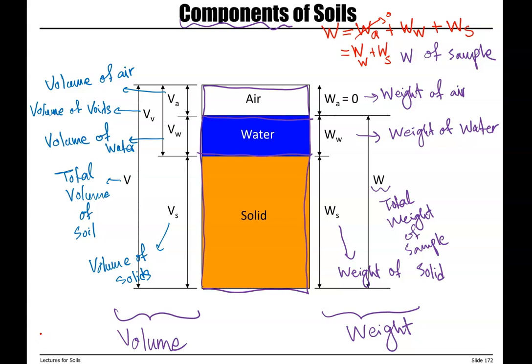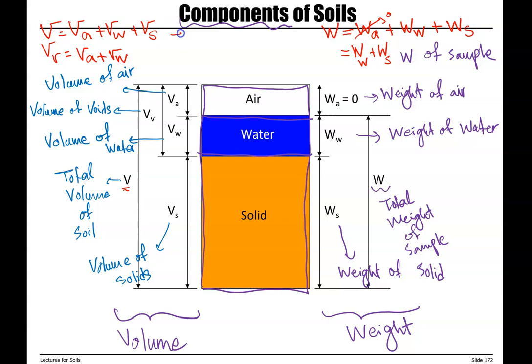And again, total volume is equal to volume of air plus volume of water plus volume of solids. And remember that volume of void is equal to volume of air plus volume of water.